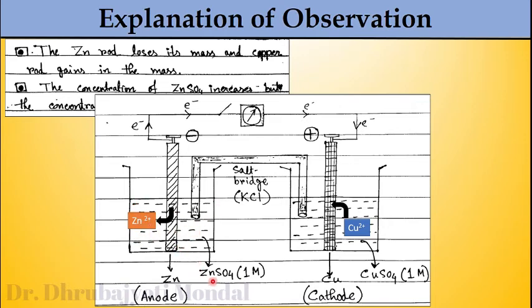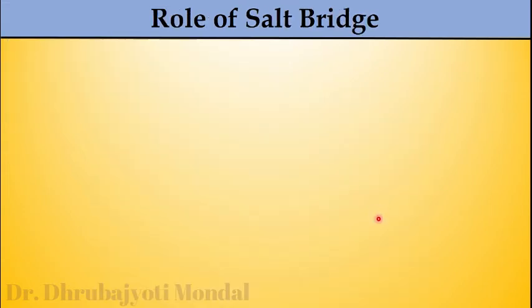But in the zinc sulfate, there is no change of sulfate ion concentration. So how can you say that this solution is neutral? Similarly, copper 2 plus from the solution goes to the copper electrode, and again the sulfate concentration remains constant. So how can you say that this solution again is neutral? That can be answered by considering the role of the salt bridge.